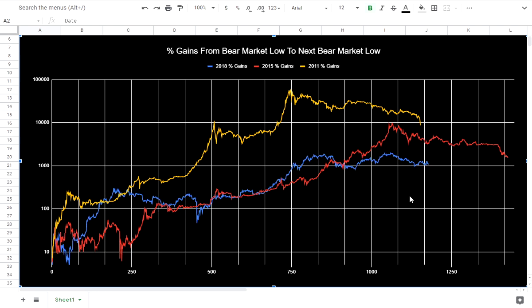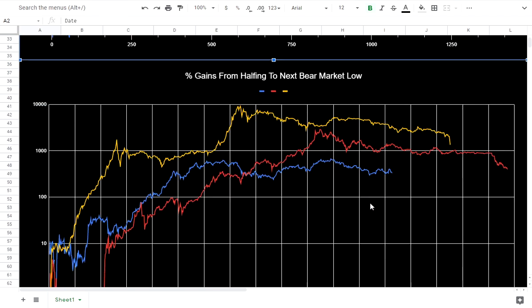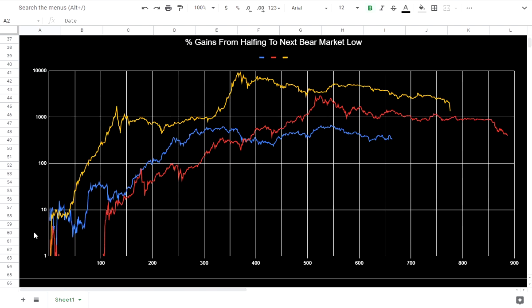And when extrapolating our current cycle onto our previous cycle, looking at it as the previous bear market low as the starting date, it predicts that the bottom of the bear market of this cycle will be in 250 days. When looking at it from the halving as the start, it predicts it in 226 days.